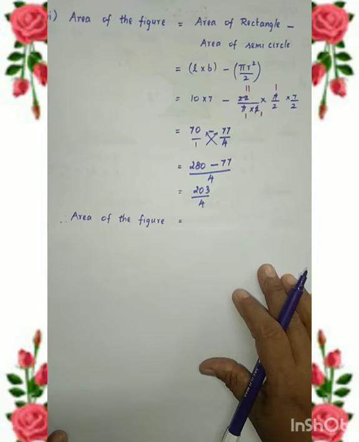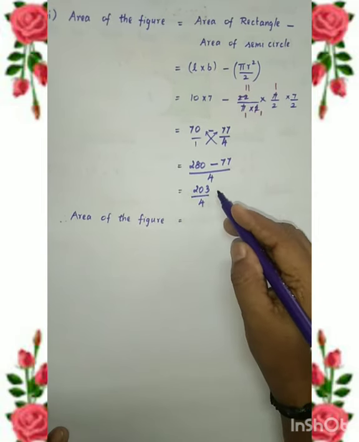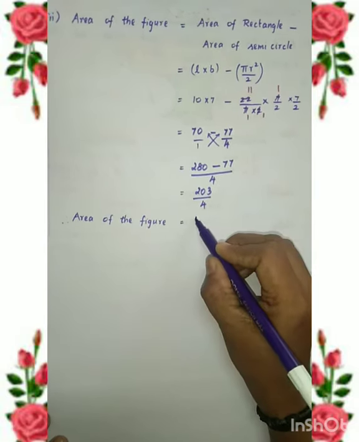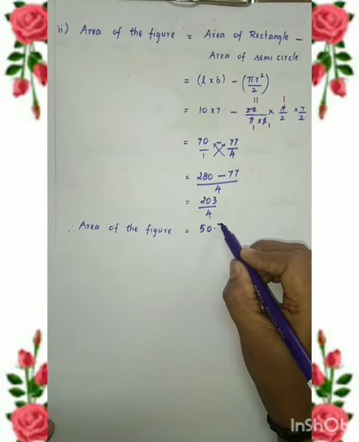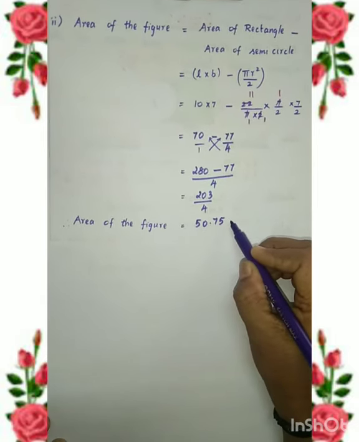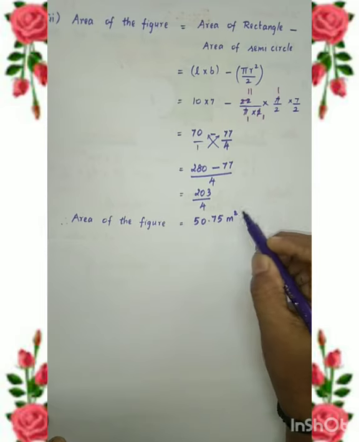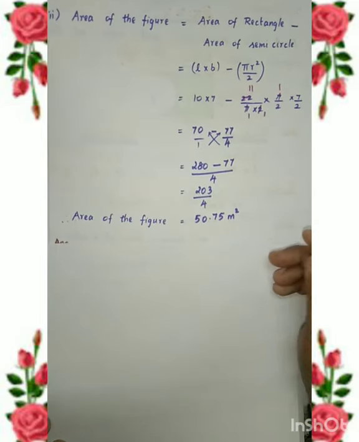So we can divide this. 203 by 4 is 50.75 meters square. This is area, so we write square units.